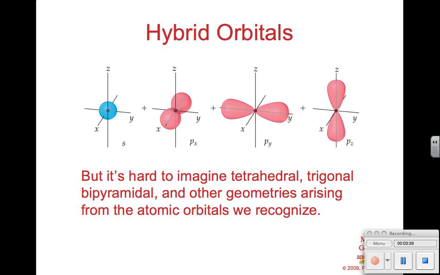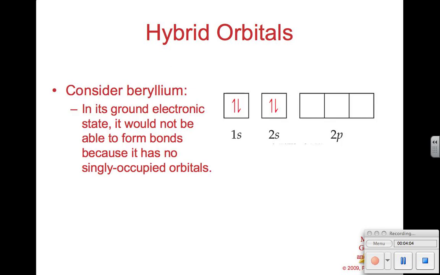But when you think of the s, the p, and all the p orbitals, their shapes actually make it hard to imagine the tetrahedral, the trigonal, the bipyramidal, and some of the other geometries that form. So what we need to think of is, when these structures come together, how are they hybridized, or how are orbitals hybridized?